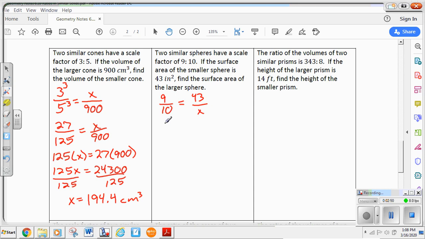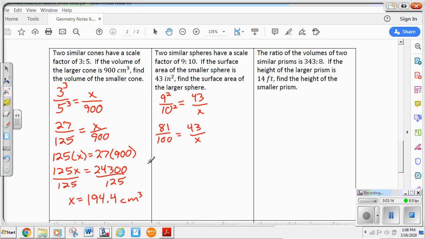Scale factor is one dimension. Surface area is 2 dimensions. To have one dimension match 2 dimensions, we need to square the one-dimensional ratio. This gives us 81 over 100 equals 43 over x.